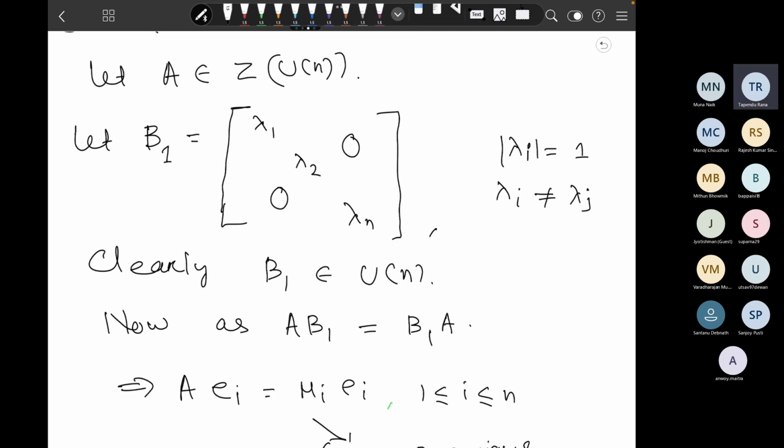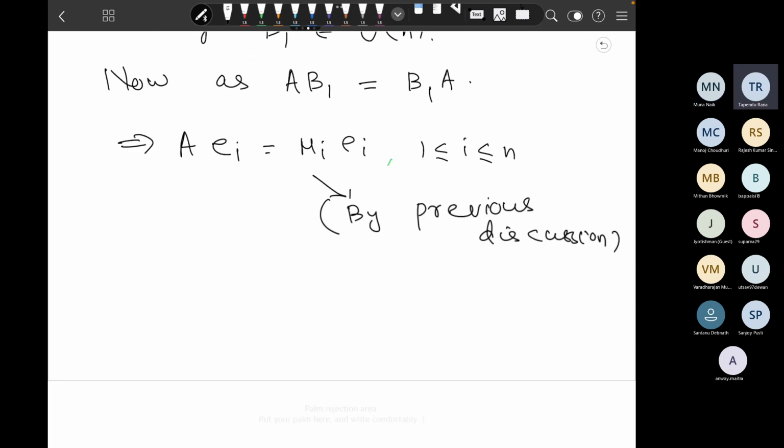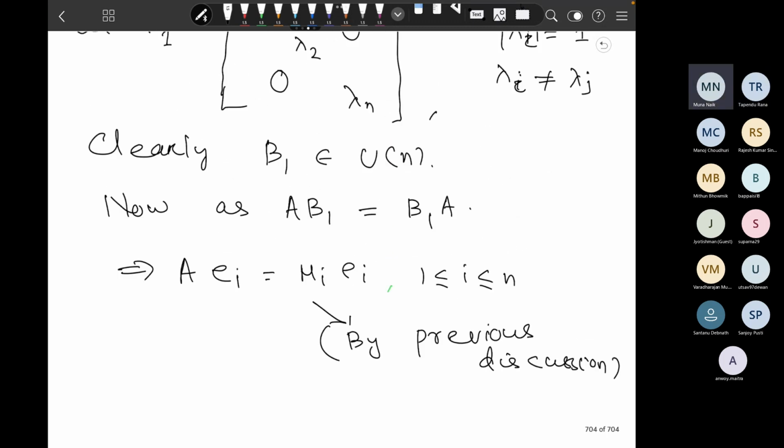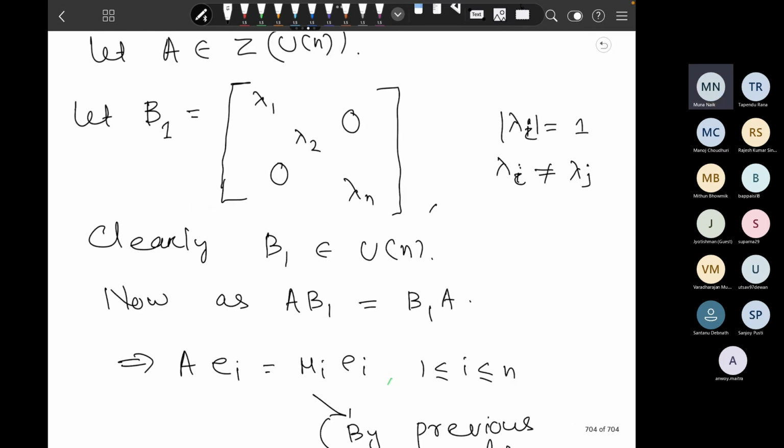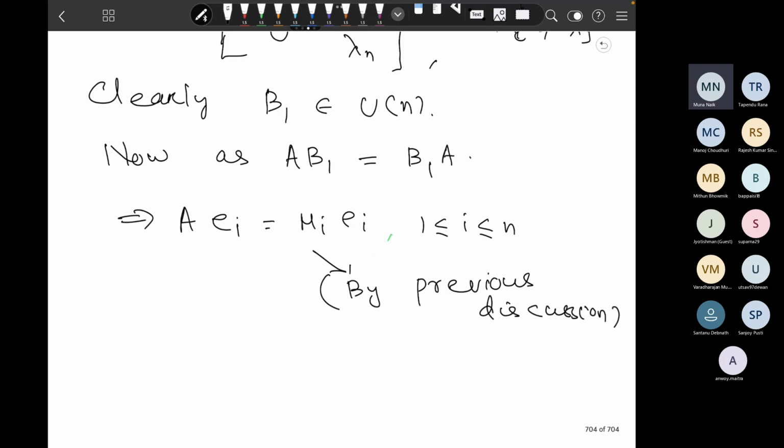Oh, I thought this is mod of λ_1 equal to 1. Sorry, no, λ_i. That's okay. So B1 belongs to U_n. Since A B1 is equal to B1 A and B1 has distinct eigenvalues, therefore A e_i is equal to μ_i e_i by my previous discussion.